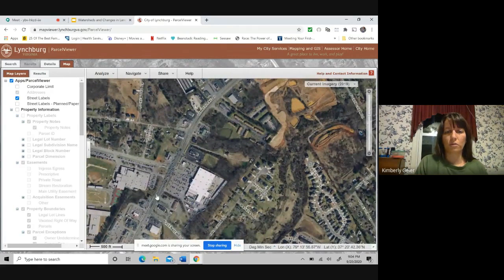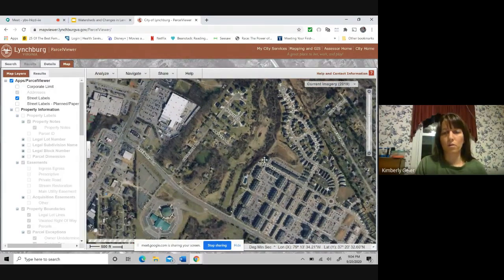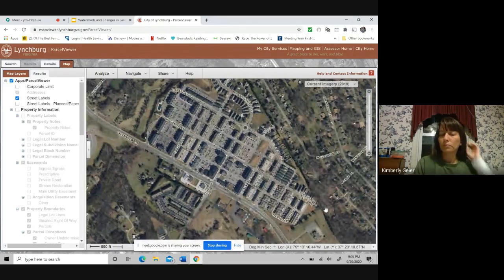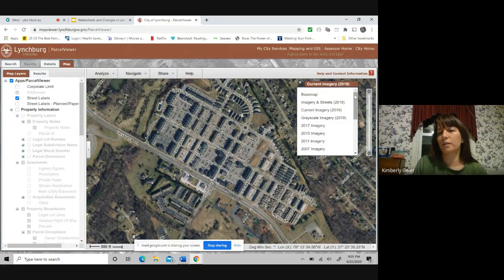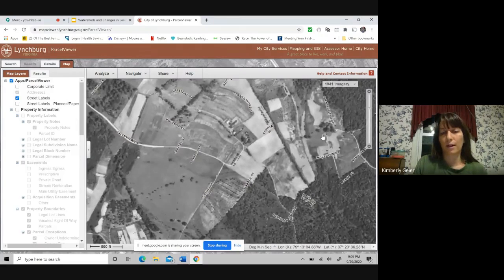Here's Lowe's. Here's Brookville. Come over here, and we see Cornerstone, where the new tea room is, Iron and Ale. Let's check out 1941. Again, what was this in 1941?